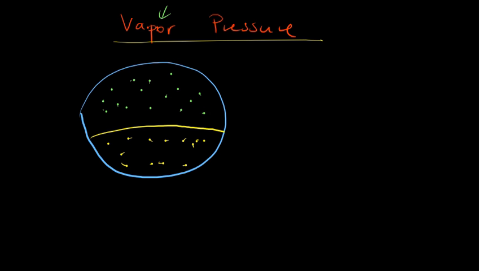Of course, you can use a device like a manometer to measure that vapor pressure. Now this vapor pressure can be affected when you add a solute, when you add solute particles to that liquid.